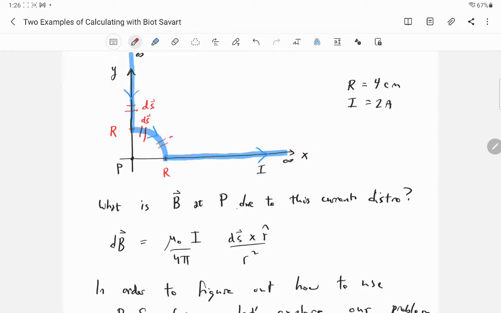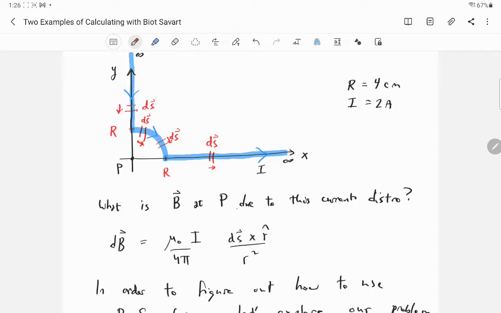Can you see that they're all in different directions? This ds segment is down. This ds segment is mostly towards the right, but a little bit down. This ds segment is mostly down, but a little bit towards the right. And then here's another one. This ds segment is strictly towards the right.